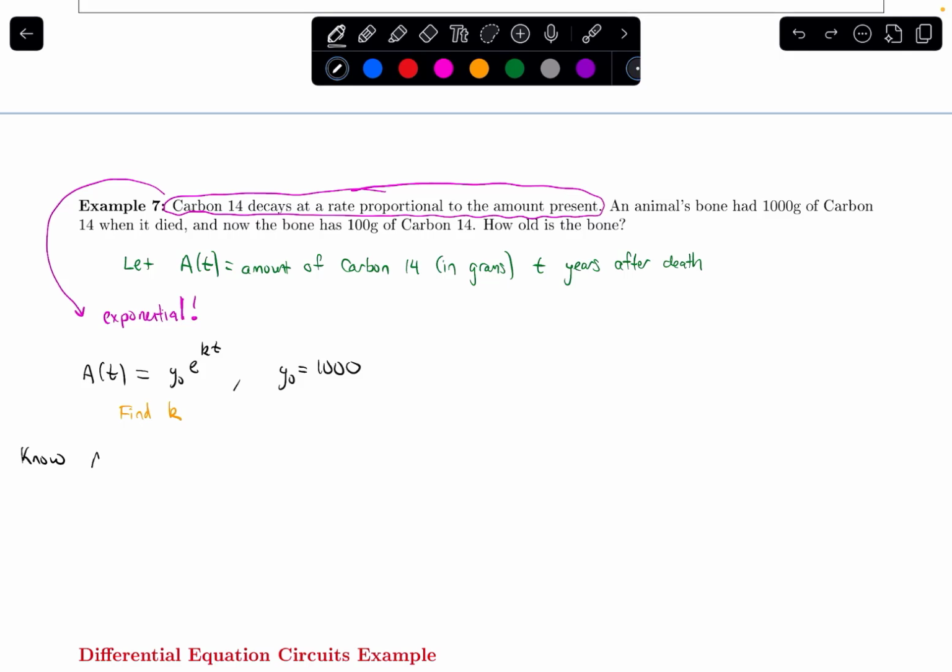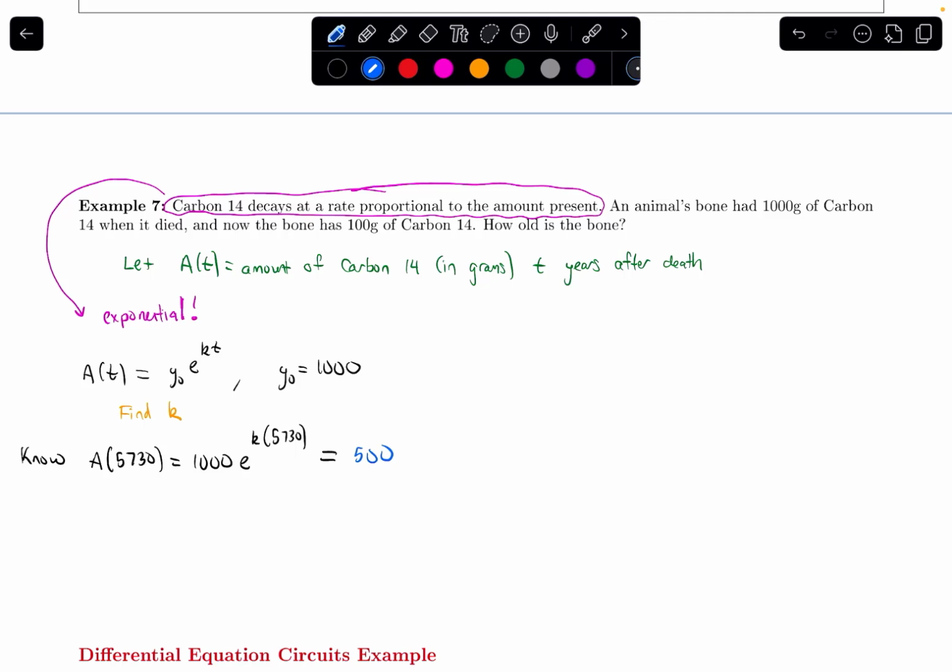So if I plug in 5,730 for the t, I get, so y naught is 1,000, e to the k times 5,730. If I plug in 5,730 for t, I should end up getting just half of this initial amount. So I should get 500.